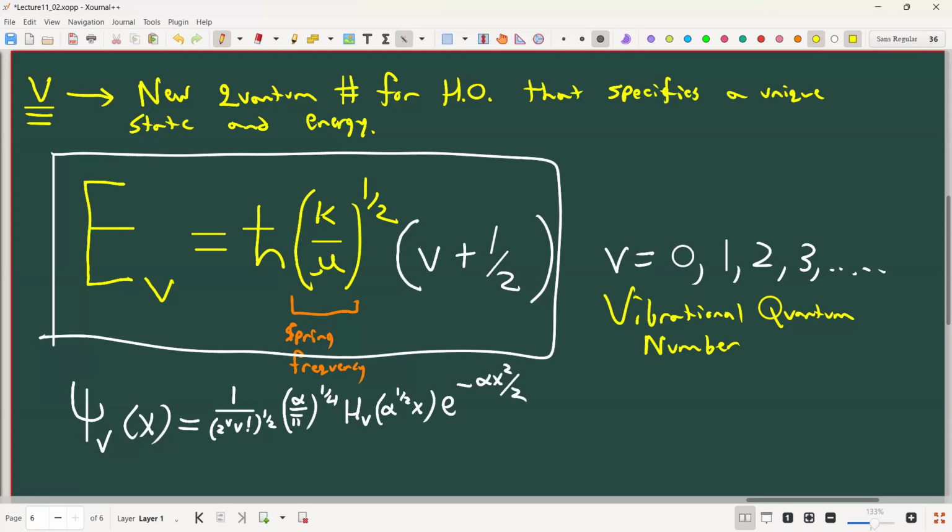So let's just look. In this case, V can be 0. The math works out that V equals 0 is allowed here. It wasn't allowed for n for the particle in the box, but here it's allowed.